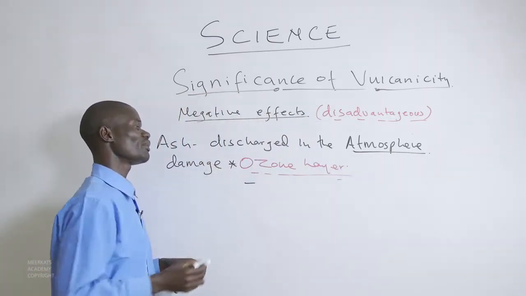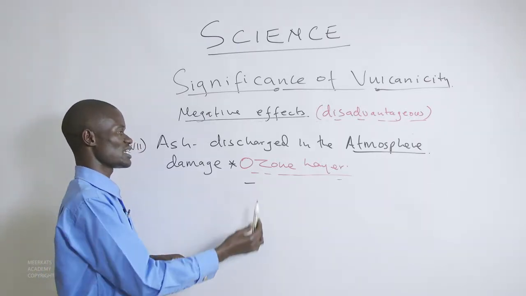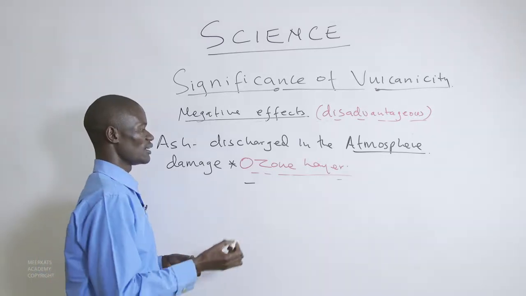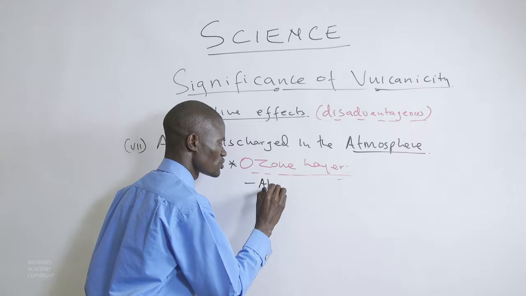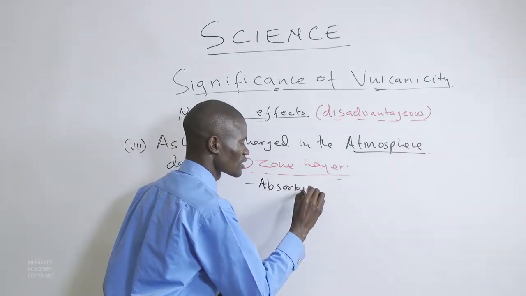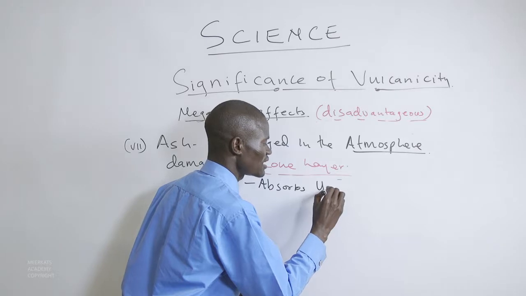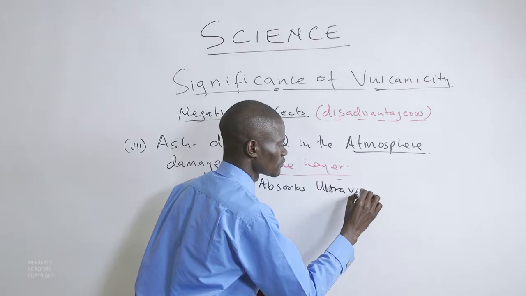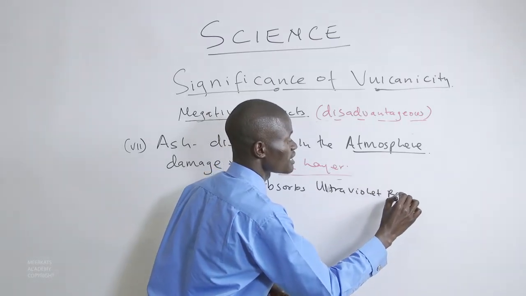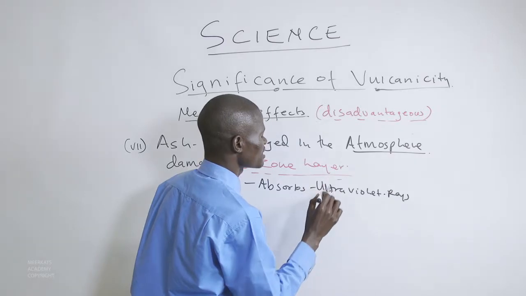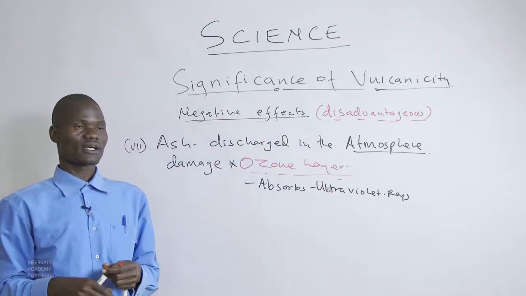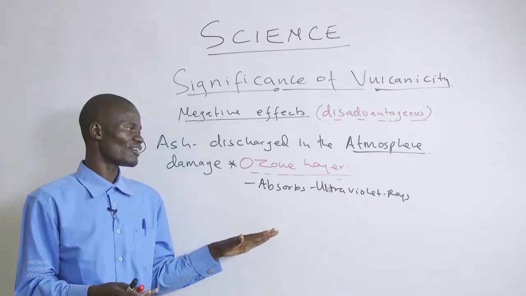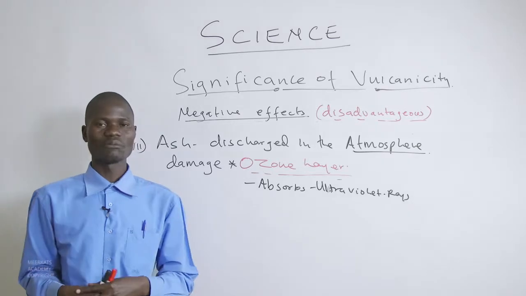But there is an important layer in the atmosphere, found between the troposphere and the stratosphere, that always absorbs the excess ultraviolet rays from the sun, which are very destructive and cause various abnormalities in human life, plant life, and also animals.